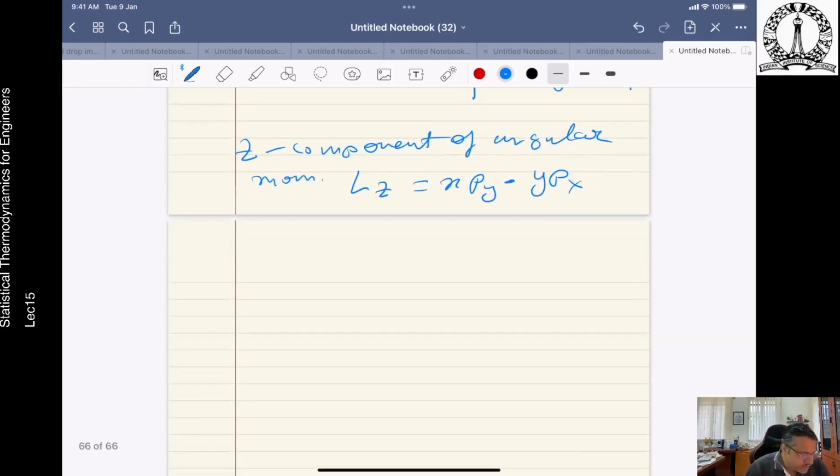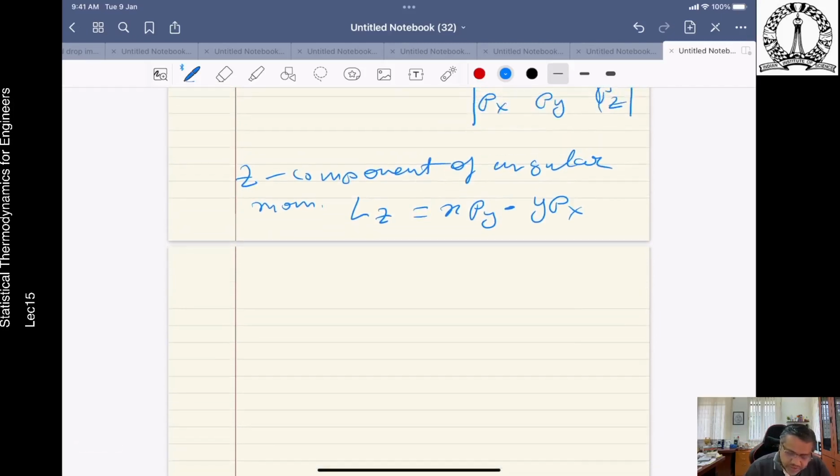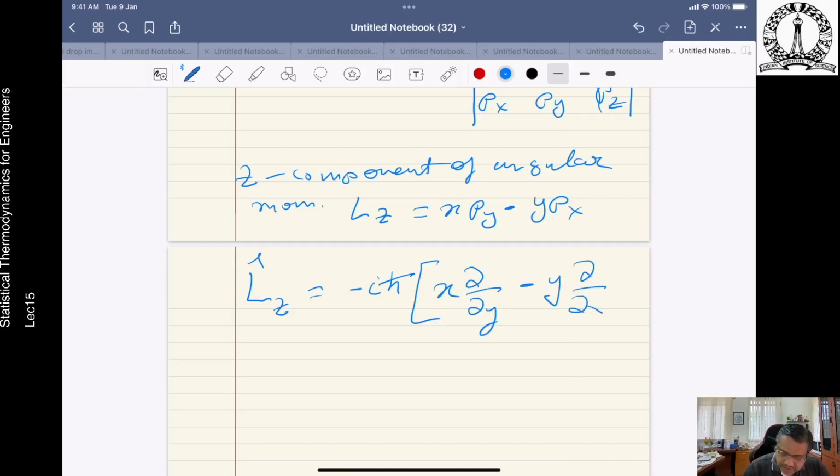Fine. So as per postulate 1, we have to find out the operator. So we have to find out Lz hat, the operator. So from postulate 1, the operator will be minus i h bar, x d by dy minus y d by dx.